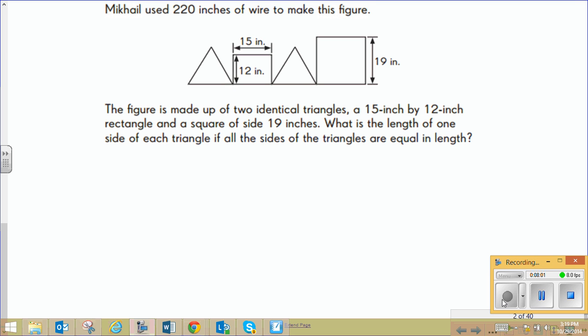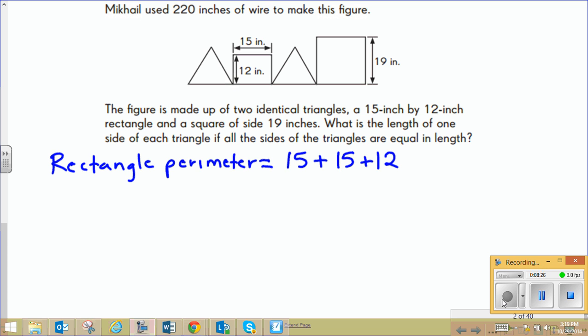So if we know the length and the width of our rectangle, we can easily find the perimeter. We also know the length of the square.